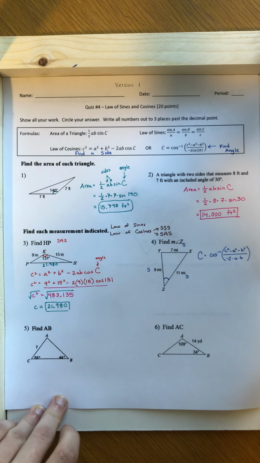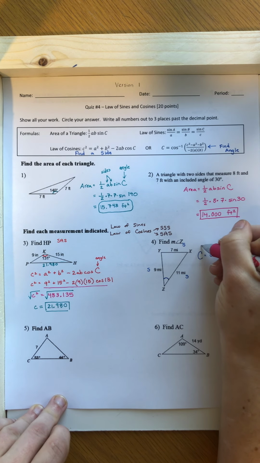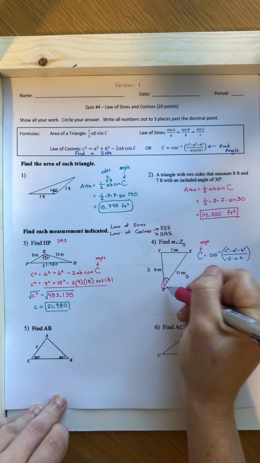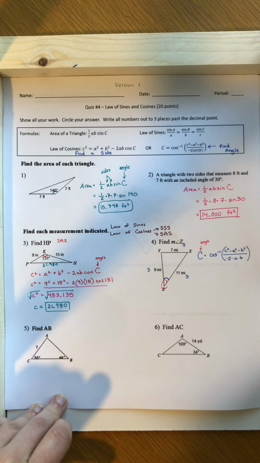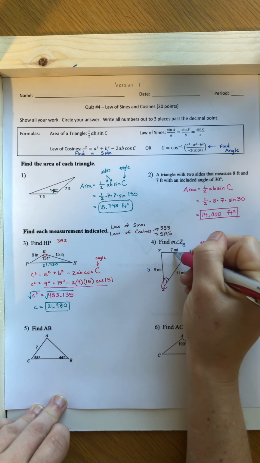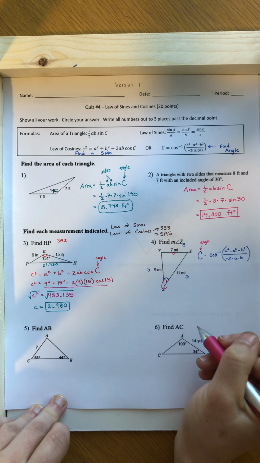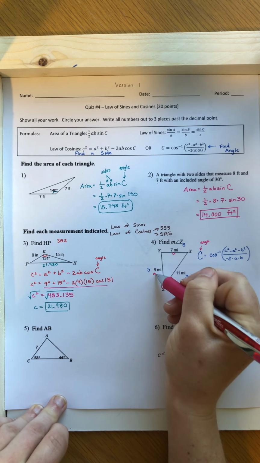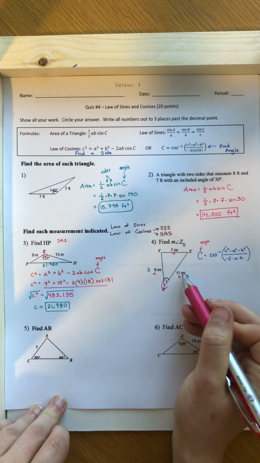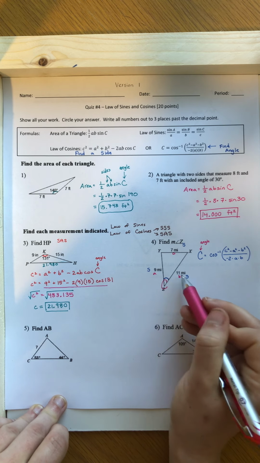Now, big C is the angle that you're trying to find. So that's going to be angle Z. Little c has to be across from big C, so that's going to be 7. And then A and B, it doesn't really matter which one's which. So I'm just going to pick A as 9, B as 11. It's okay if you flip-flop these two, though.